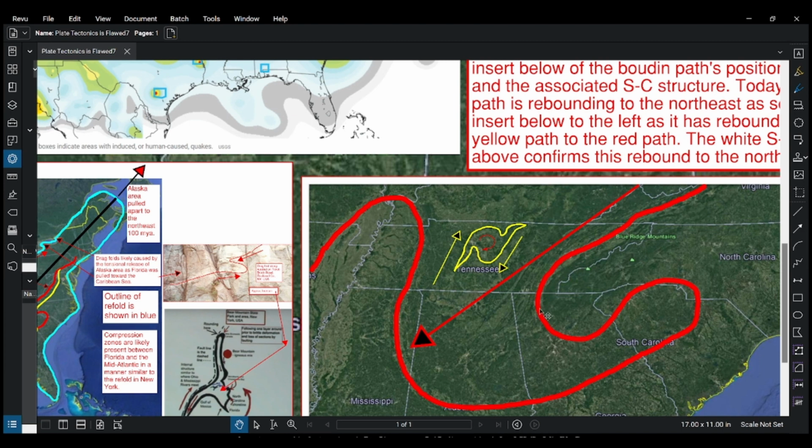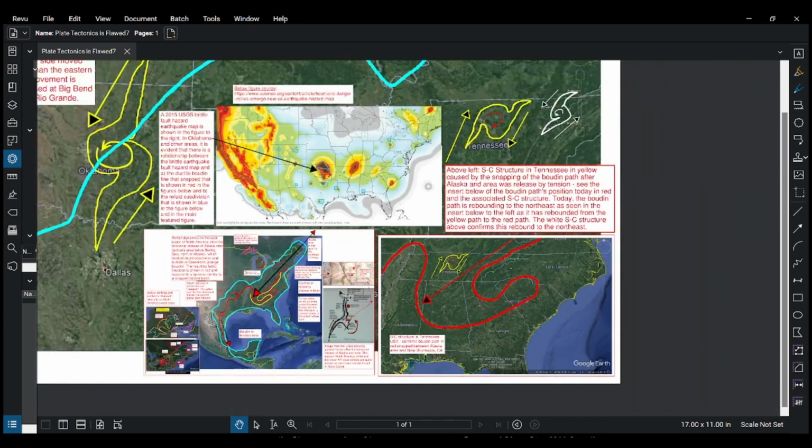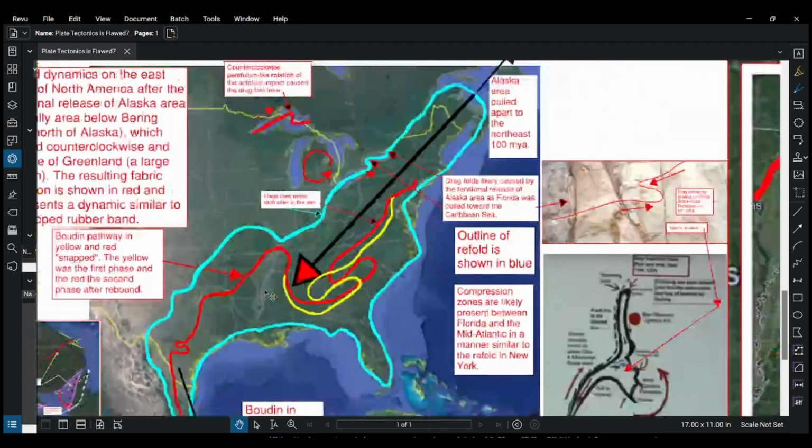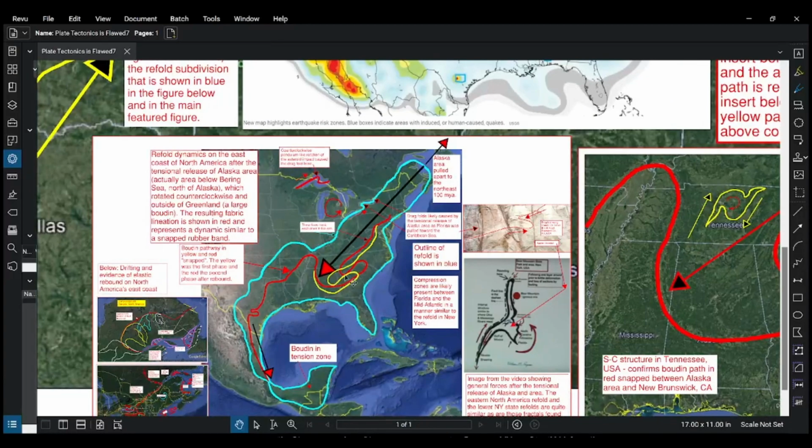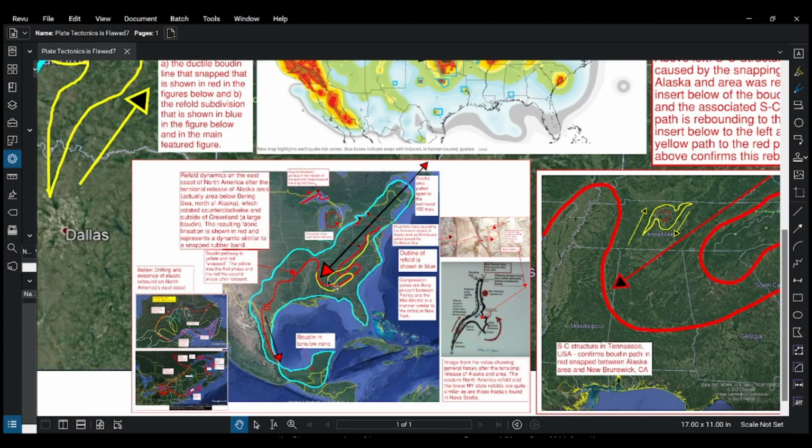This part was dragged a little faster than over here, so it dragged it down. You can see the yellow arrow, that's consistent. And in doing that, it kind of compressed and pushed up here. So that yellow arrow is consistent with the whole form of the red rubber band snapping, so to speak. And we talked about this before, so that's the whole regional area, snapped rubber band thing going on.